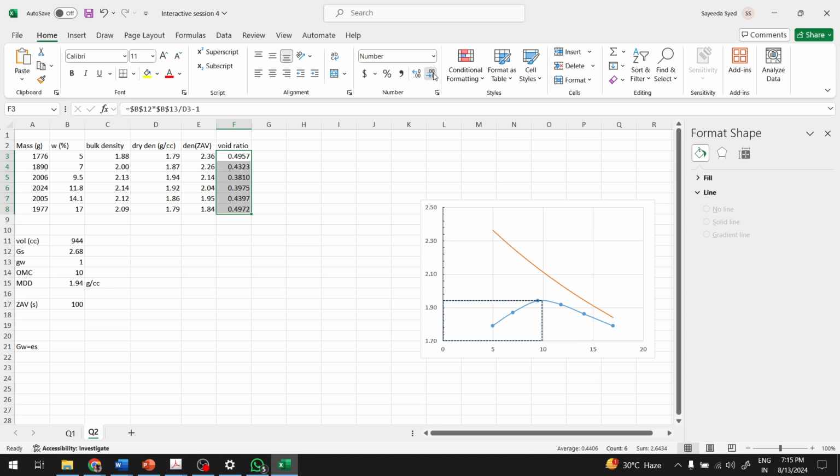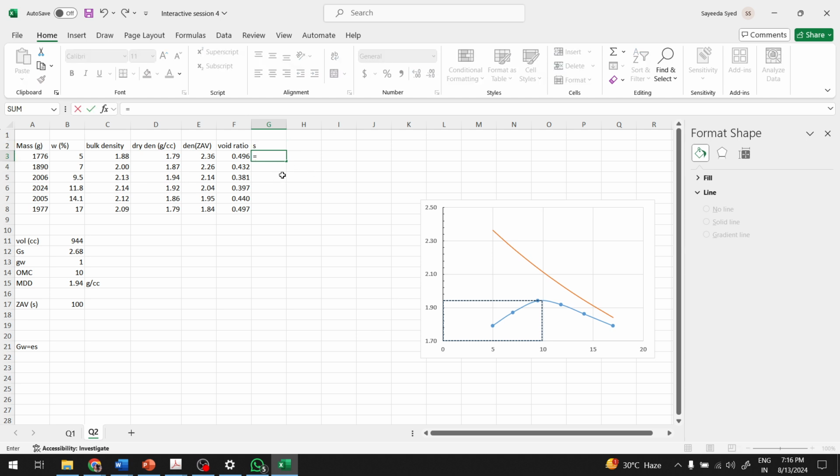So this is the void ratio, and saturation we will calculate as G into W over E. Yes.